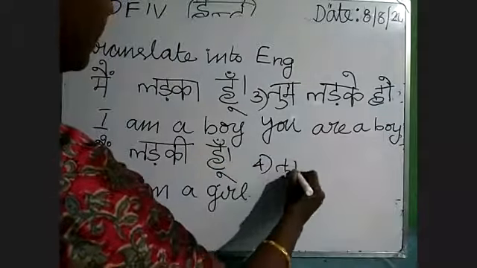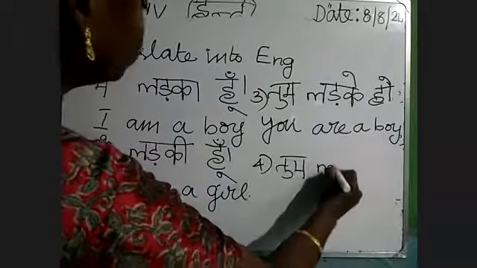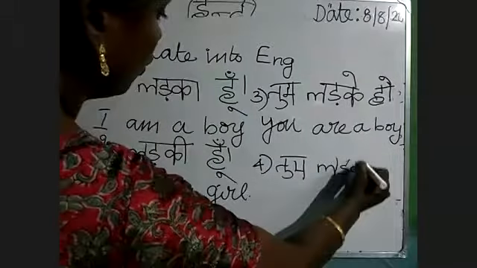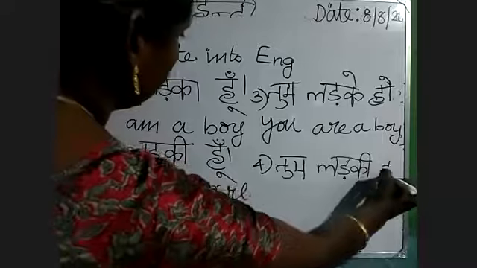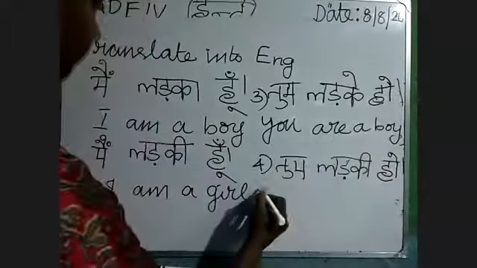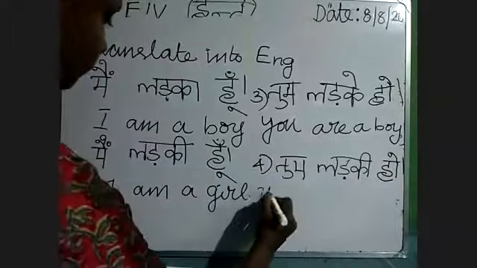"Tum ladki ho." When "tum" comes, it ends with "ho". When "main" comes, it ends with "hoon". "Tum ladki ho" means you are a girl.